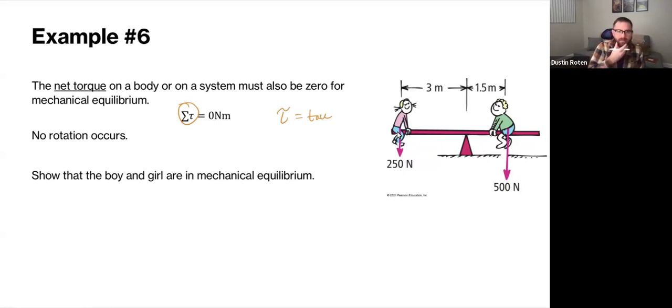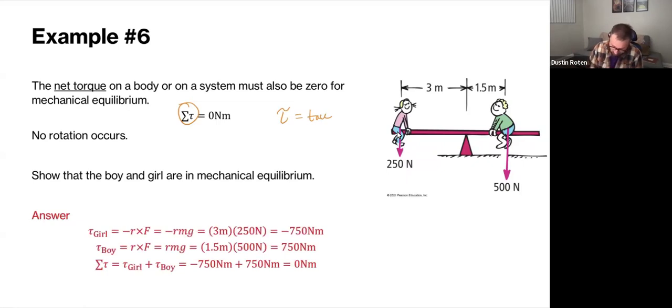So let's go back to this boy and girl in mechanical equilibrium. Let's show that they are actually in mechanical equilibrium. So the girl, we know that she's going to be rotating in the negative direction. The boy here is going to be rotating in the positive direction. So we'll go ahead and throw in a negative sign for the girl. We have some radius and we have the force. The force is her weight. So the lever arm length is 3 meters.